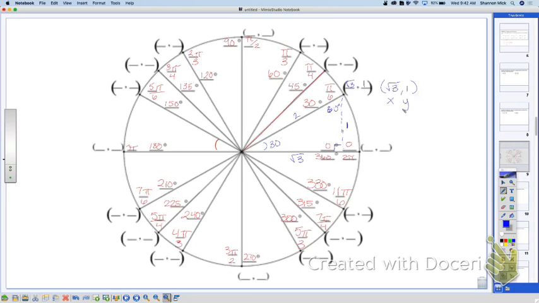Once I put it over 2, it's no longer x, y, it's cosine, sine. Because cosine is x and sine is y. Everyone understand that? So we just took a point and made it from the point xy into the cosine sine. Exactly what you had yesterday in your assignment.